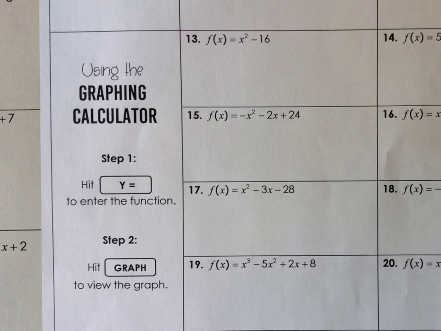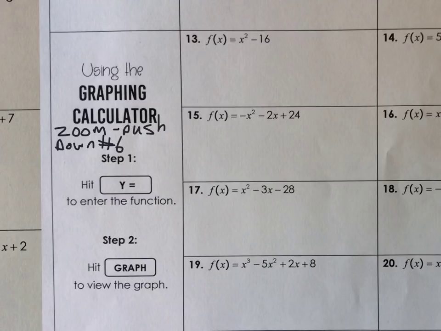Now we're going to drop down to the bottom, where it says using the graphing calculator. First, before we graph with the graphing calculator, it's good to set the zoom, or what kind of graph we're looking at, the scale down to 10. So before step 1, find the zoom button and push it, then arrow down to number 6.